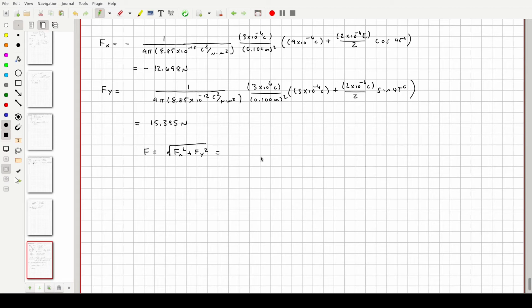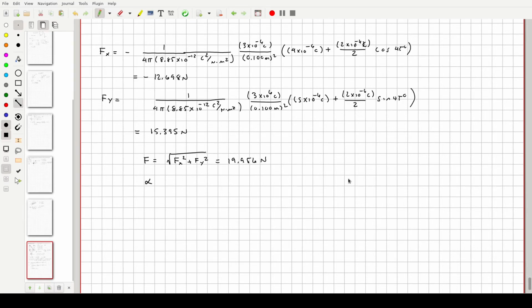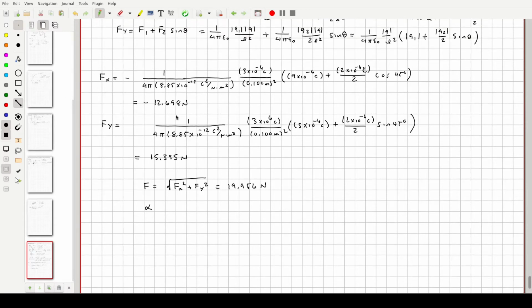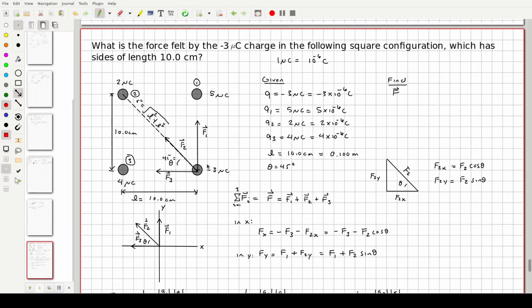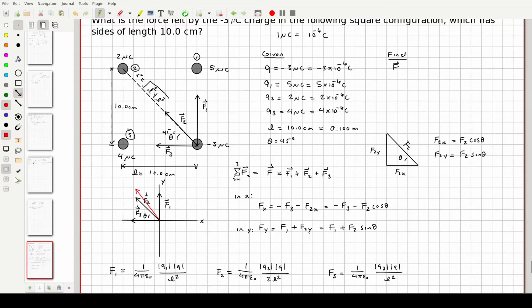I get 19.956-ish newtons. My angle, which I'm going to call alpha, based off of what I see, is going to be longer along y than along x. So my vector here for my net force is going to be up here somewhere like that. So I'm going to call this angle right here, like I said, alpha.